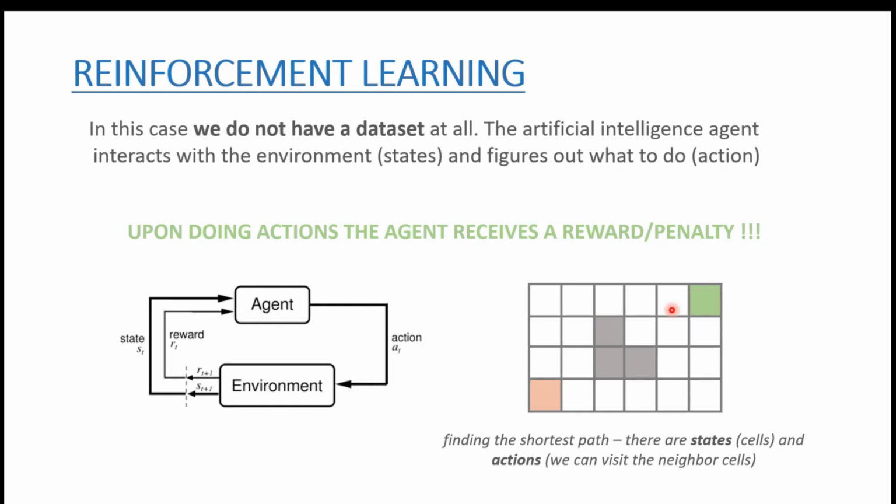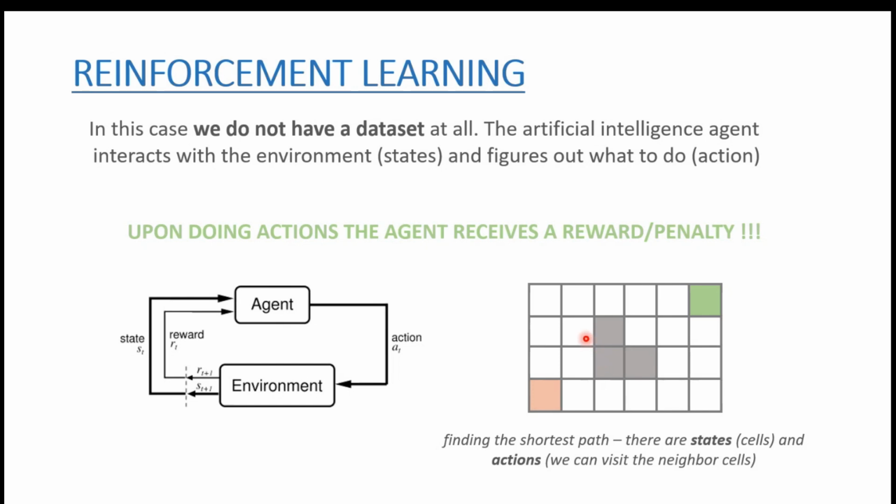Okay, so upon doing actions, the agent receives a reward or penalty. How the agent learns is that when he moves from this point to this point, he's learning something, and then to this point he's learning something, and then when he reaches this block, he's learning something. I cannot move here, there is some obstacle here, so he'll get some penalty like that.